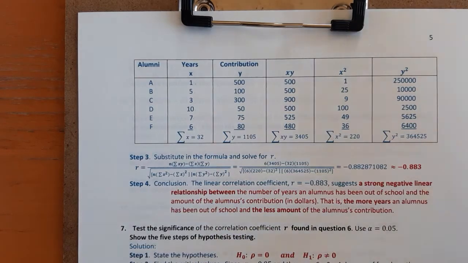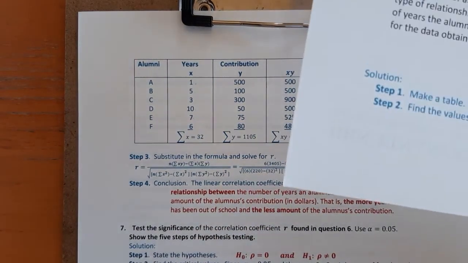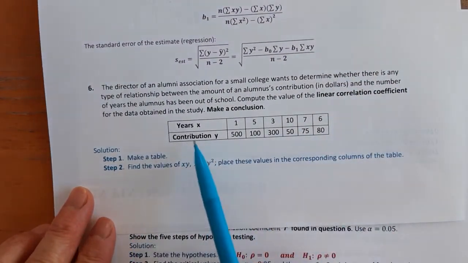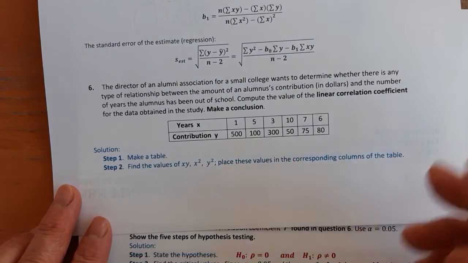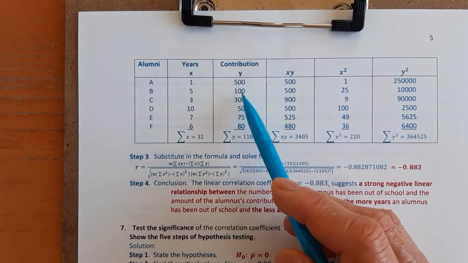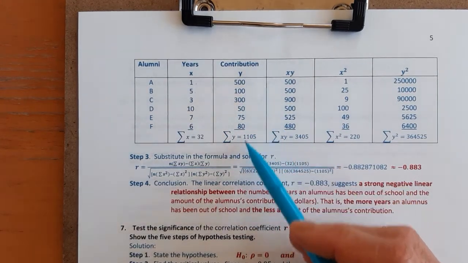Contribution is how many dollars they contribute to the college. So from this contribution Y: 500, 100, 350, 75, 80. So put in this Y column 500, 100, 350, 75, and 80.